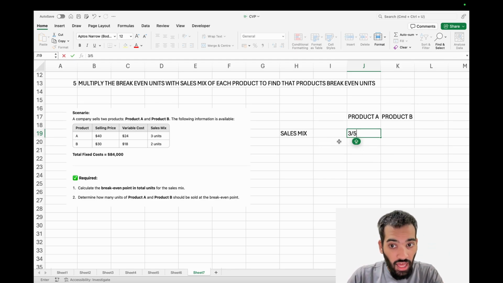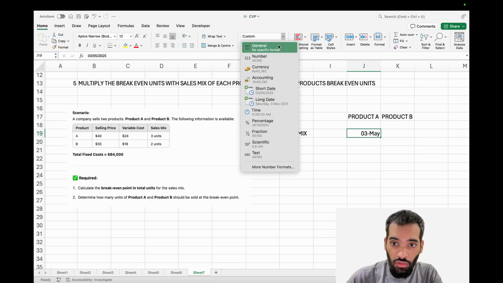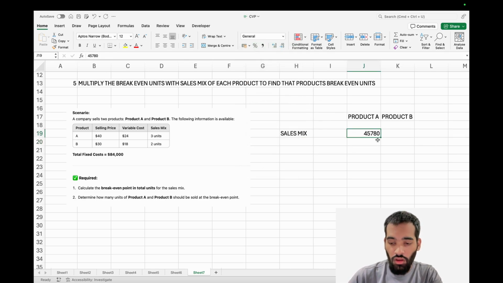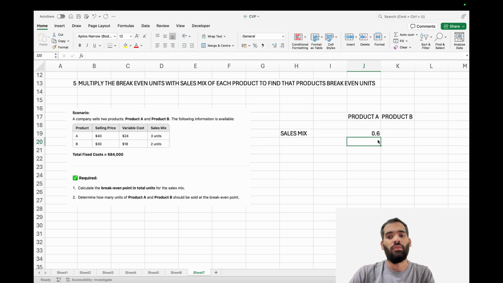So this means out of every 5 units we sell, 3 units have to be for product A. Let me tell Excel this is not a date value. So this will be 3 over 5. There you go. 0.6, which we can also say 60%.